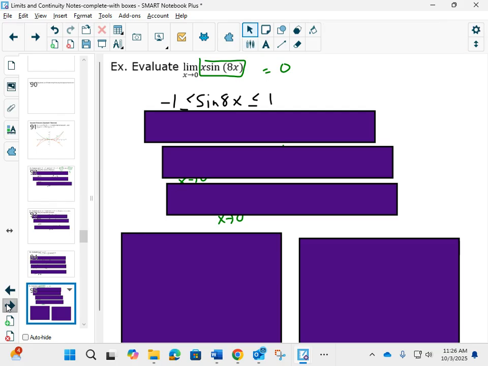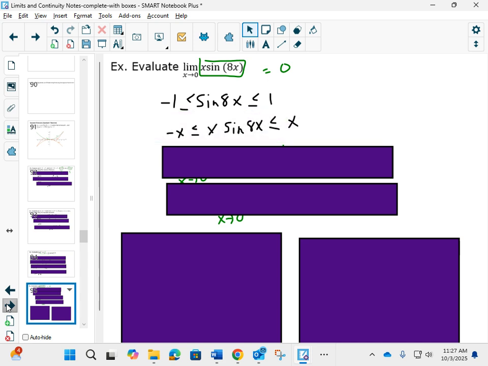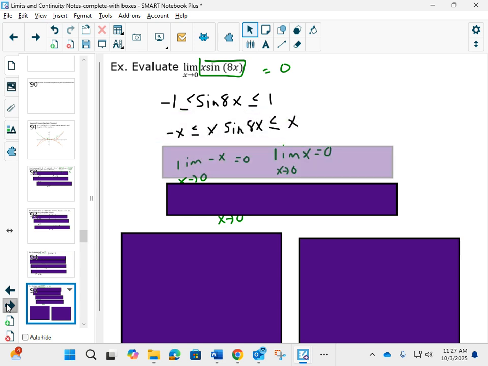Sometimes when we learn something new that's complicated, we now use the complicated technique rather than the easy one. This one is an easy question. But if you went this way, it's not wrong, right? I can multiply both sides by x. What's the limit as x goes to 0 of negative x? Obviously 0. What's the limit as x goes to 0 of x? Obviously 0.